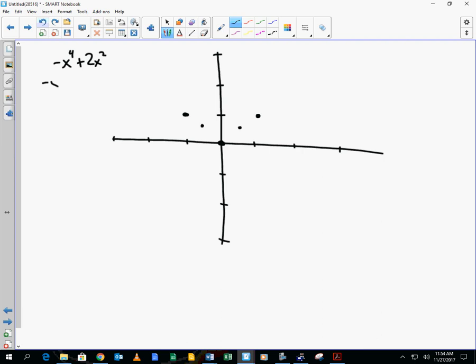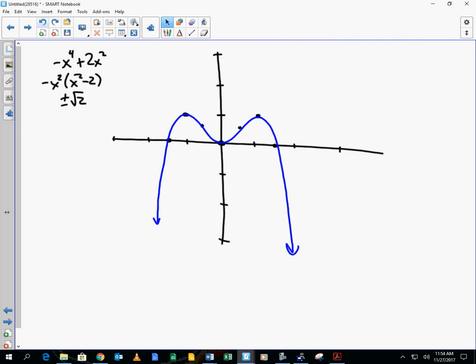Take out a negative x squared, and you get x squared minus 2. So this is going to cross the x-axis at plus or minus the root of 2. So all of a sudden, he's got some points that he can use to try to generate what he would hope to be a really accurate graph.